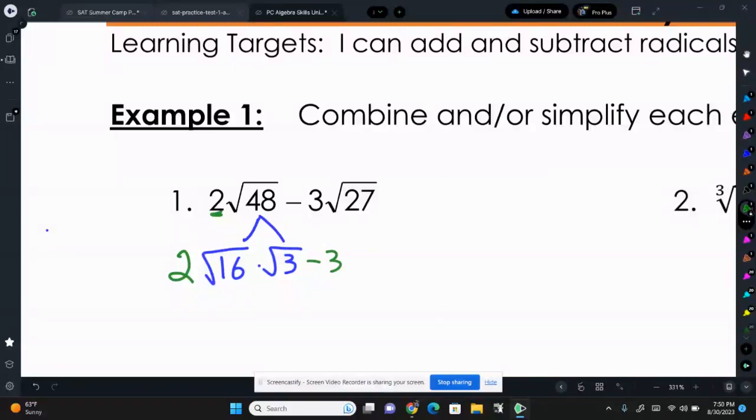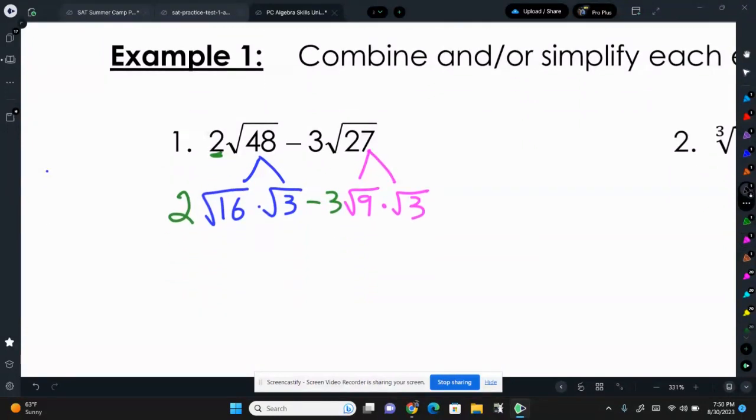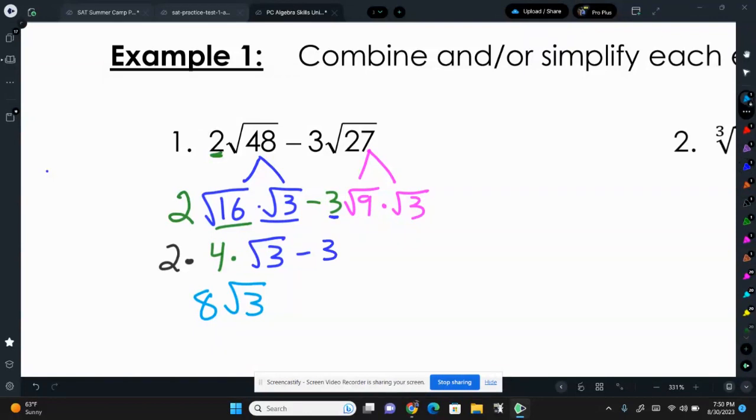And we have minus 3, and we can break up the square root of 27 into 9 times 3. Then we have 2 times the square root of 16 is 4 times the square root of 3. So this gives us 8 times the square root of 3 minus 3 from right here times the square root of 9, which is also 3, and then times that square root of 3 that we had as well.